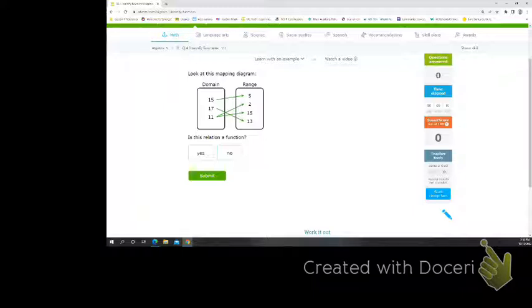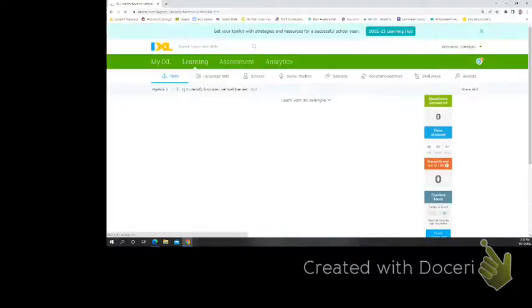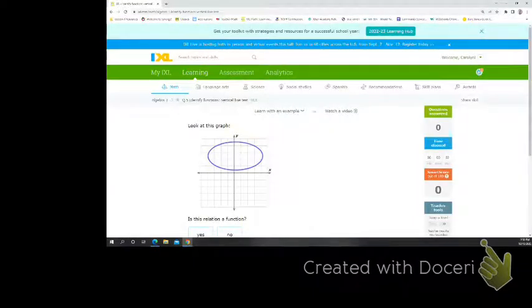So this is a yes. Nothing is above one another. I could also have written down all my x's, like write down my domain. And then here's a vertical line test. Again, it's yes and no. So this is very much like what you saw in your notes.